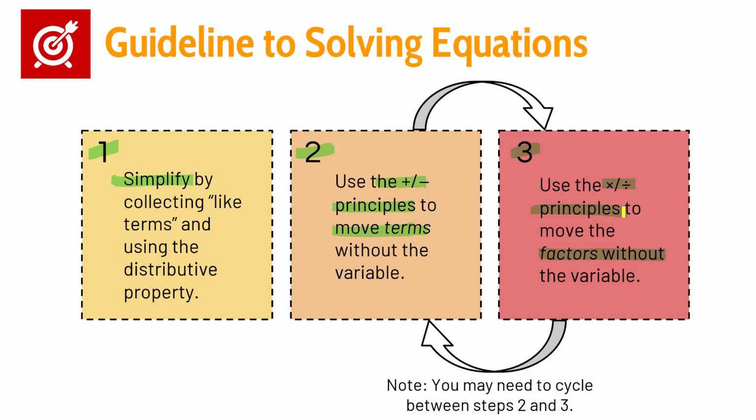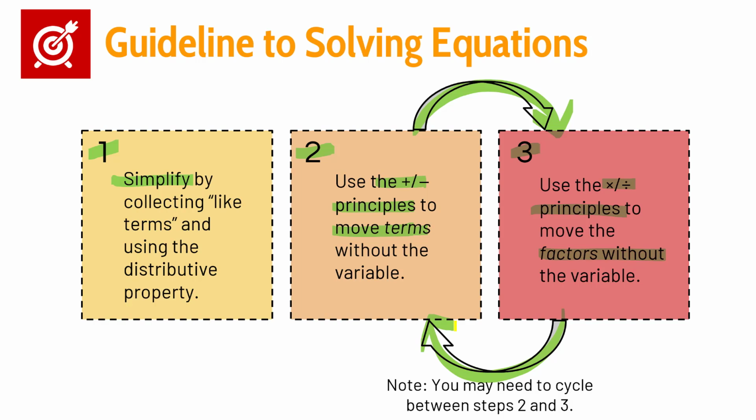I've also included a note, this cyclical thing where you've got a circle going from 2 to 3 and then 3 back to 2. This is saying that it's not that you work in step 2, go to step 3, and that's how it's always going to be. Sometimes when you're working with an equation, you might have to cycle between step 2 and 3. So move a term, move a factor, then a term, and it might go between those two things.